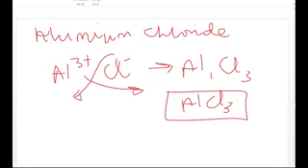Now note, there are some metals particularly known as transition metals. When you are working with transition metals, you must be specific about the oxidation number that is used.